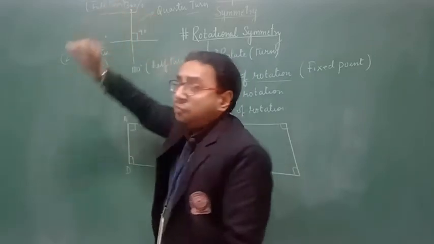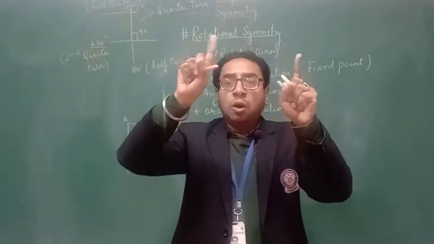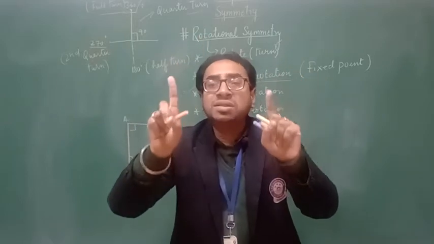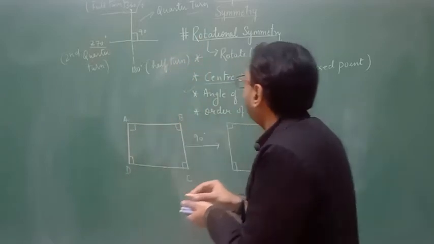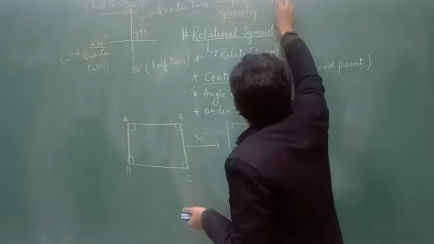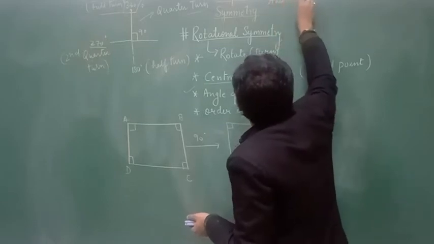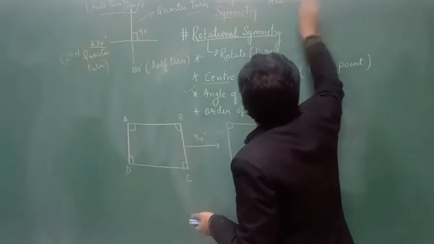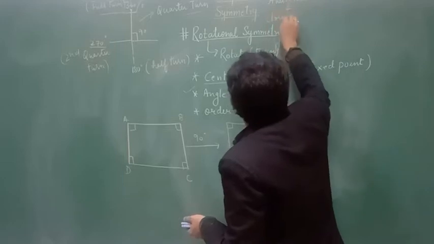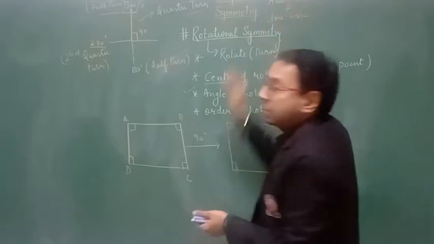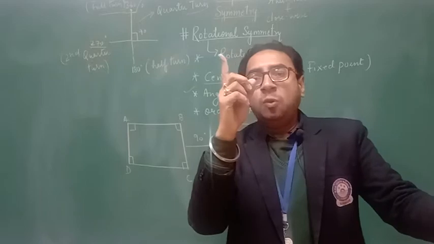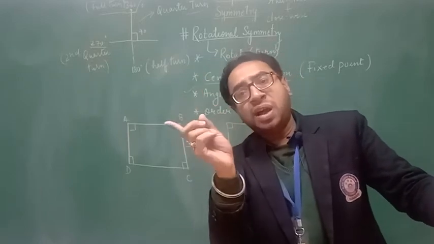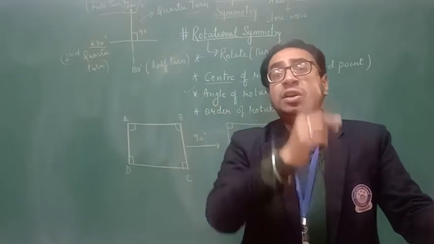Now understand, there are two ways of moving or rotating an object: clockwise and anti-clockwise. What do you mean by clockwise? How does a clock move? From 12, 1, 2, 3, 4, 5, 6, 7, 8, 9, 10, 11, 12.